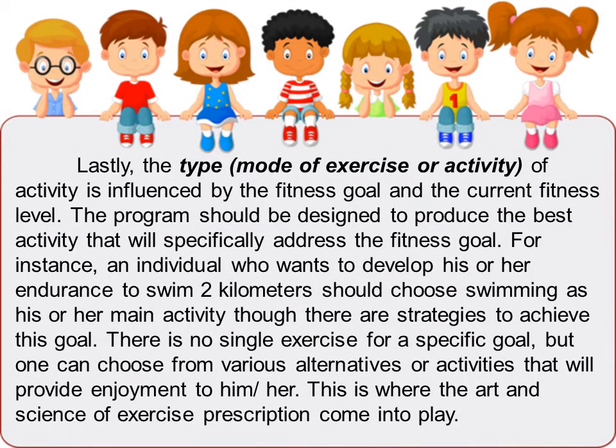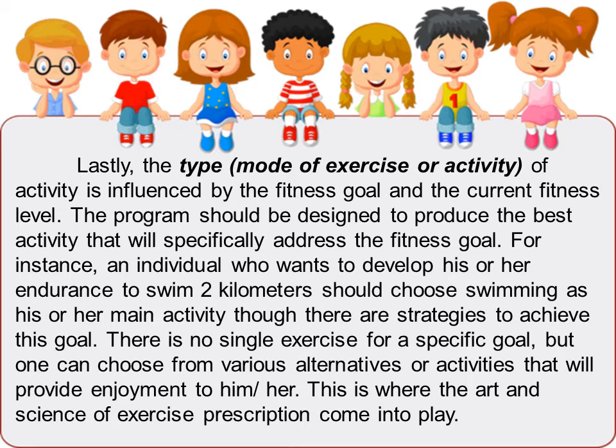And lastly, we have the type. Type is the mode of exercise or activity, and it is influenced by the fitness goal and the current fitness level. The program should be designed to produce the best activity that will specifically address the fitness goal.